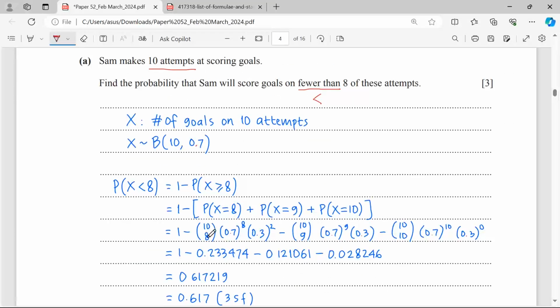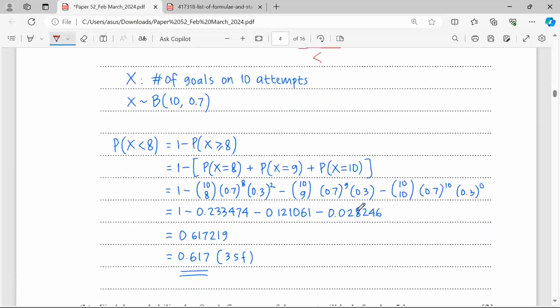It means like this, 10 combination 8, and then this is p, 0.7 to the power of 8. And then this one is the probability of failure, which is 1 minus probability of success, which is 0.3. And you do the same thing with probability X equals 9 and probability X equals 10 like this. Work this out using your calculator and you will get the result is 0.617.